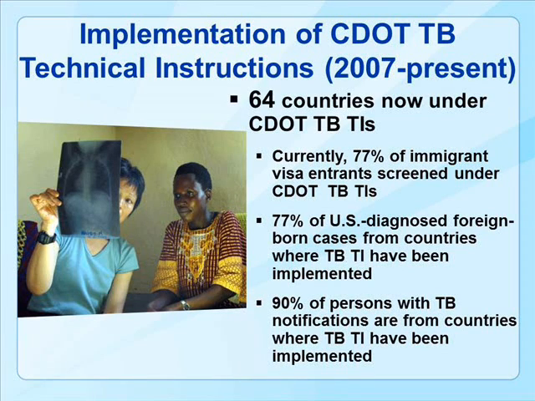And we'll talk more about the notifications to receiving health departments later on, but about 90% of the persons arriving with a TB notification are from countries where the TBTIs have been implemented.